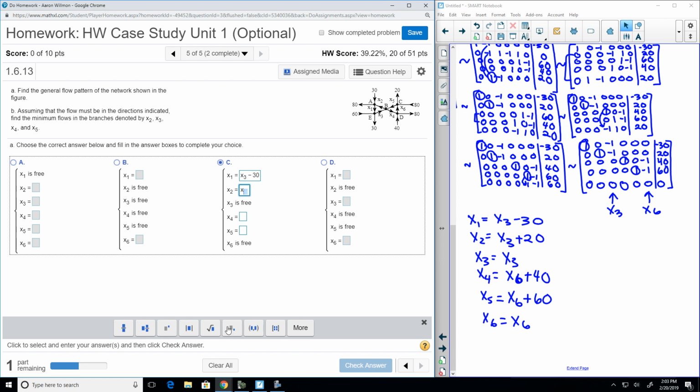X subscript 3 plus 20. Oh, never mind. I was thinking you put the subscript 20 with 3. Oh, did I? Yeah, you're right. Thanks.